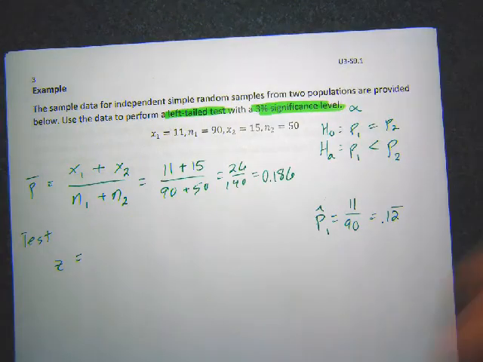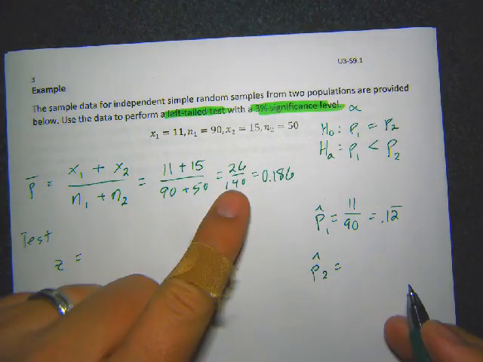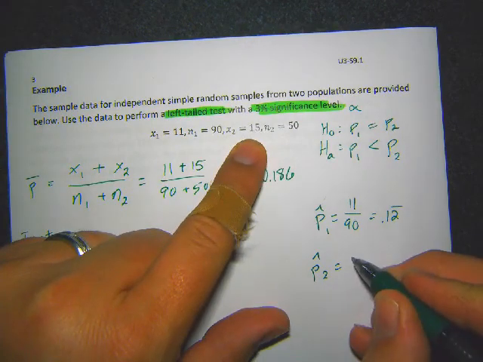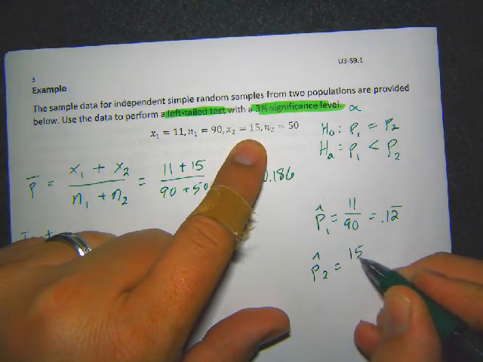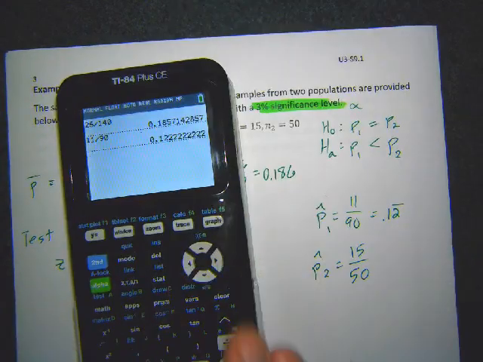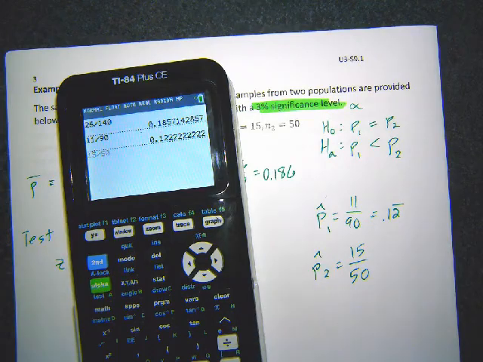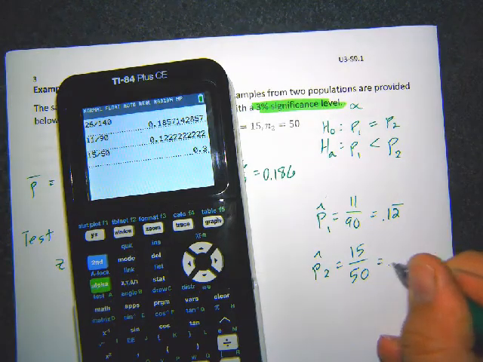Then p hat 2 is the number of successes for the second sample over its sample size, so 15 over 50, and you get 0.3.